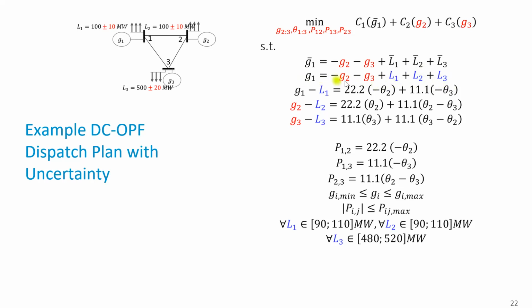This is the DC power balance equation here. Of course, if we had AC OPF, we would need to add the losses. That would make a nonlinear term, but other than that, the principle would be the same.